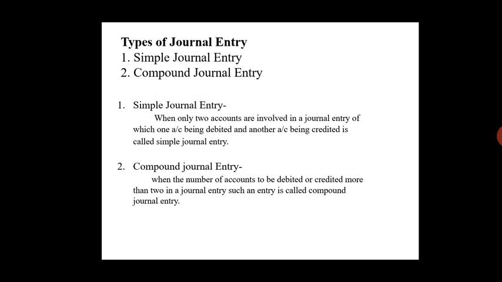When only two accounts are involved in a journal entry, of which one account is debited and another account is credited, it is called a simple journal entry. In the given transaction, only two accounts are affected.